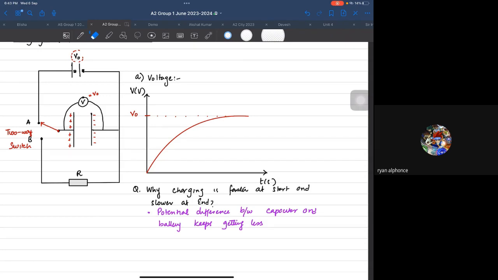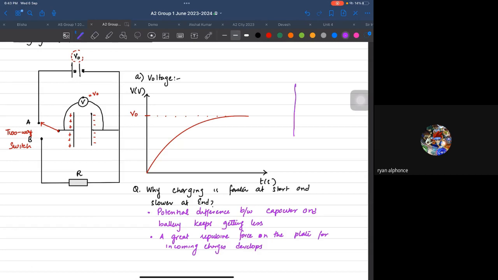Now, the next point would be a great repulsive force on the plate for incoming charges develops. So obviously, imagine this.